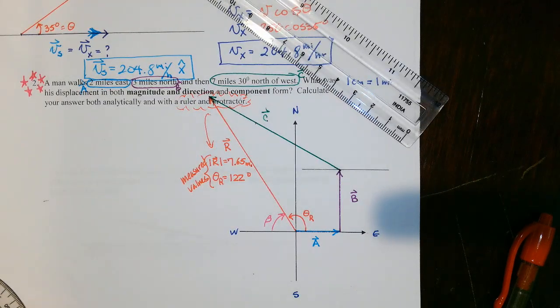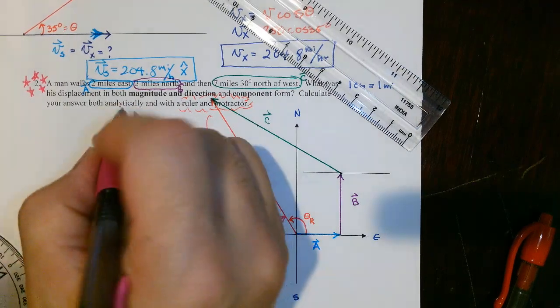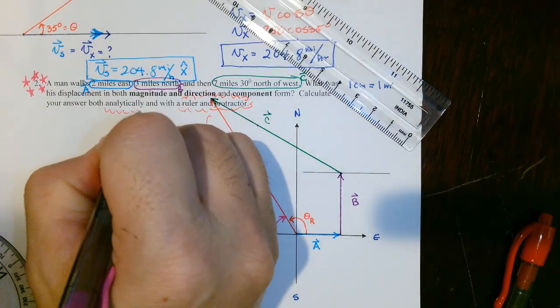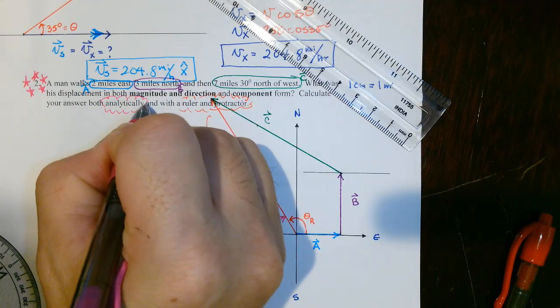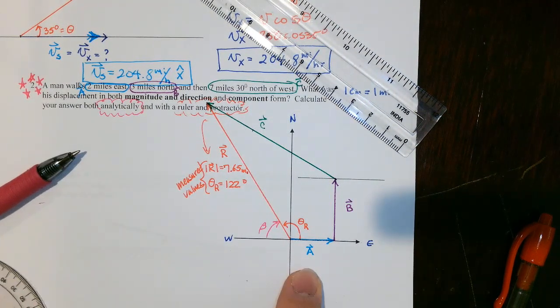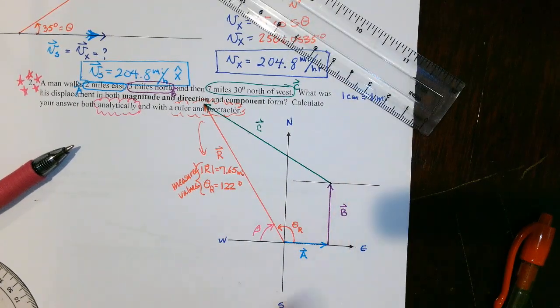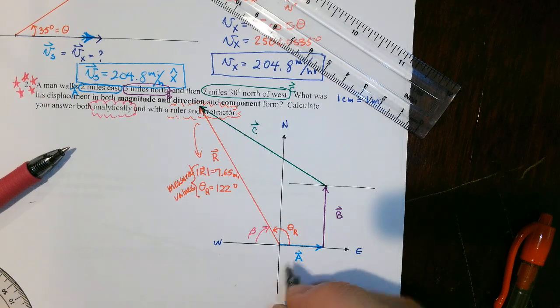Now, analytically speaking, we have to do the analytical part here, I guess. To do that, we need to represent these vectors in Cartesian form, in component form. So A vector is easy, right?